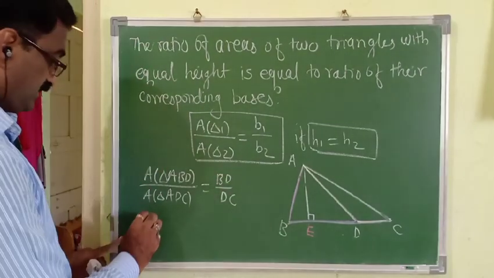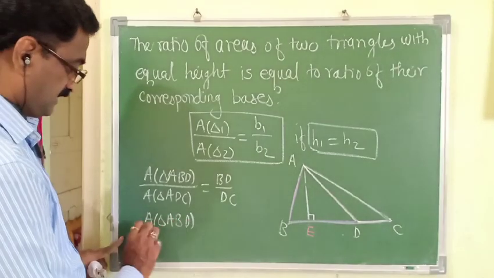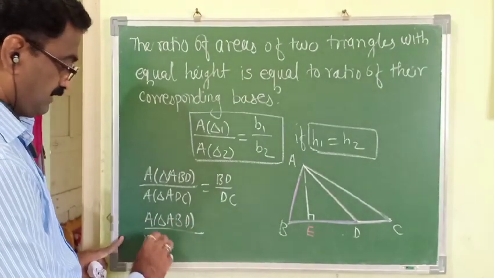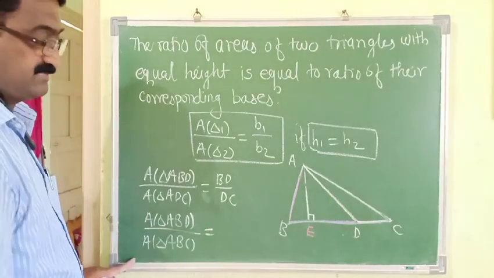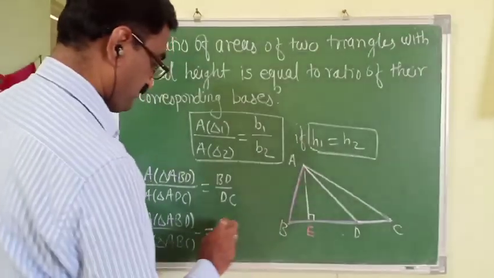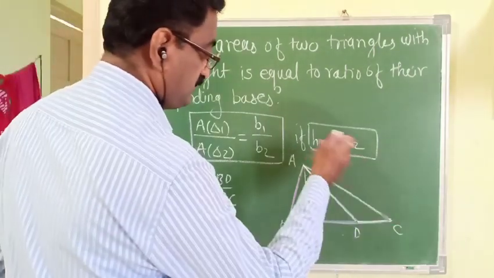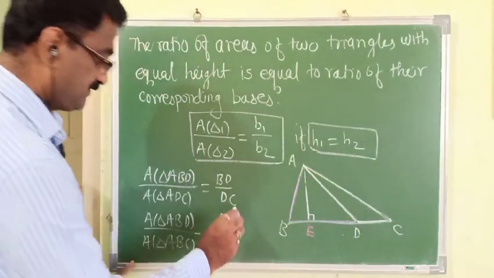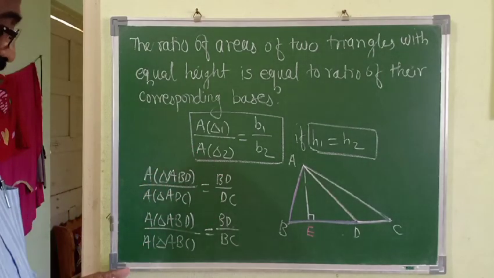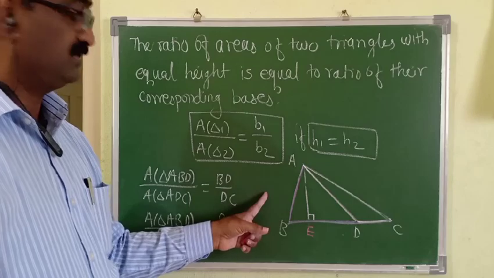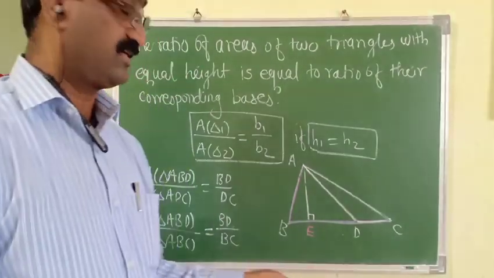Similarly, area of triangle ABD and that larger triangle, triangle ABC: base is BD for triangle ABD and base is BC for triangle ABC. So in this manner, we can write the ratio of areas of two triangles is equal to the ratio of their corresponding bases if their heights are equal.